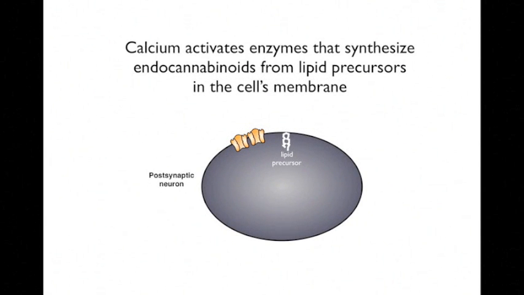What calcium does is it activates enzymes that synthesize endocannabinoids from lipid precursors in the cell's membrane. When there's calcium, it activates a series of events that I'm not going to describe, but the ultimate effect is to synthesize the endocannabinoids from the precursors in the lipid membrane.